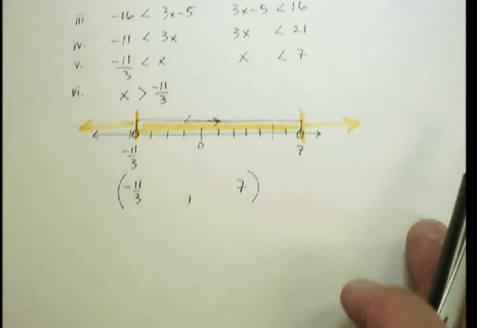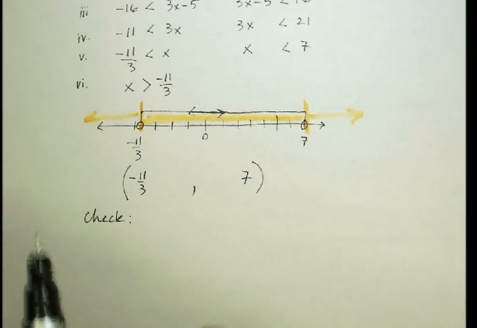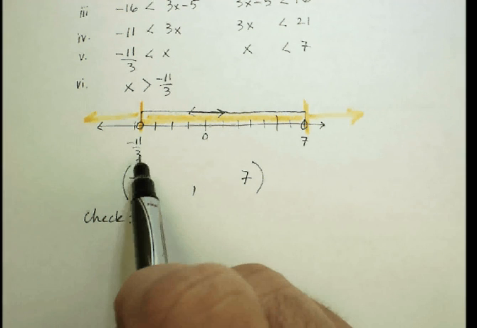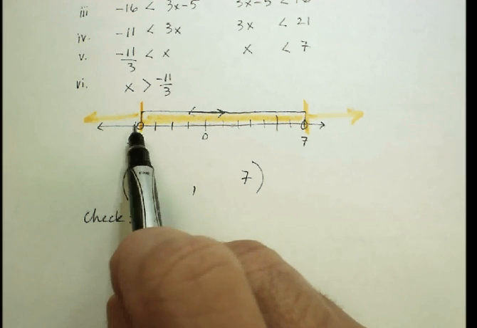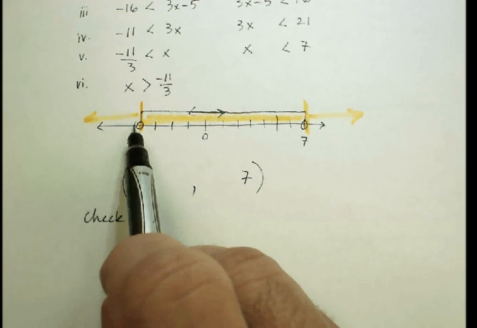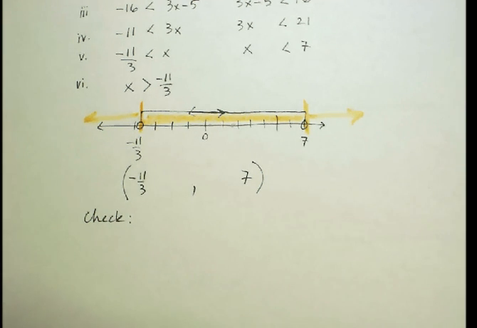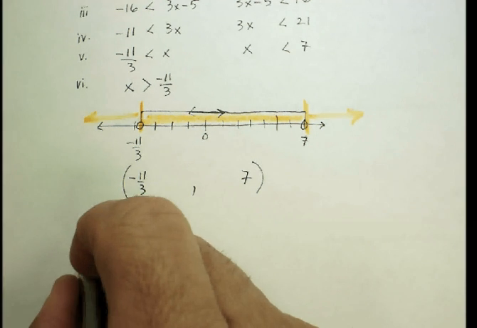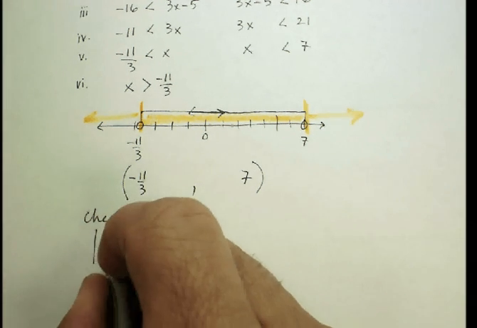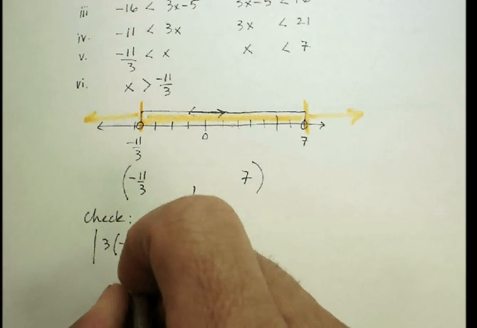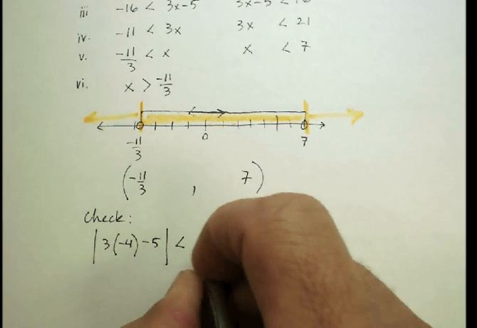So let's go ahead and check that just for the heck of it. It's always a good idea to do it if you can. So let's go to a negative 11 thirds. Now, notice what I said. It's between 3 and 4, right? So let's try negative 4, just outside the solution area. Now, here's my original problem, absolute value of 3x minus 5. So I'm going to put 3 times negative 4 minus 5, absolute value, is less than 16.